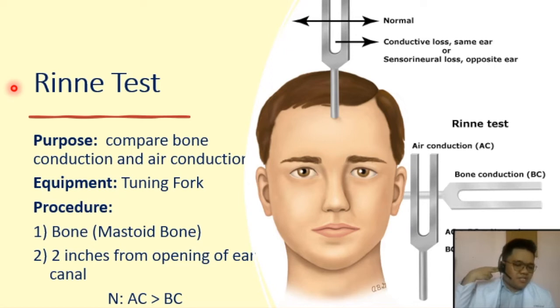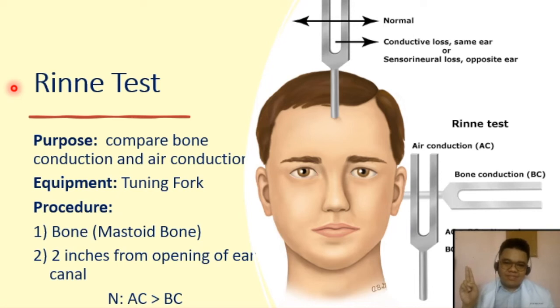By the time your patient says stop, if your patient has conductive hearing loss, the tendency is that by the time you transfer the tuning fork here, your patient could not hear any vibratory sound anymore. That would indicate that the bone conduction is longer than the air conduction, suggesting conductive hearing loss.